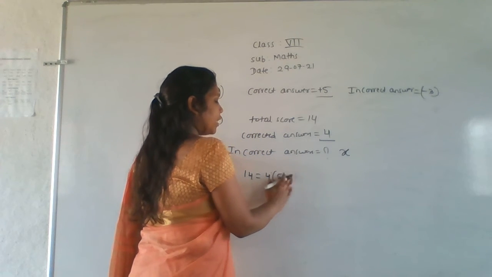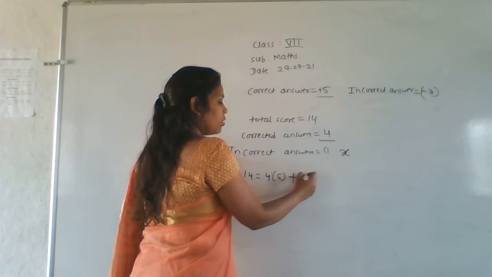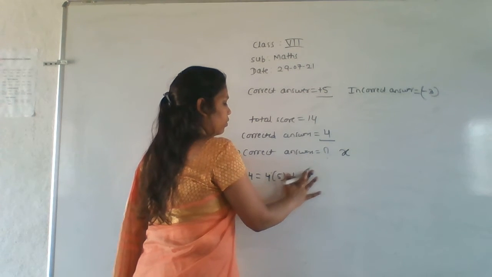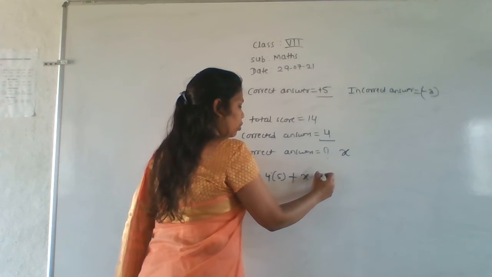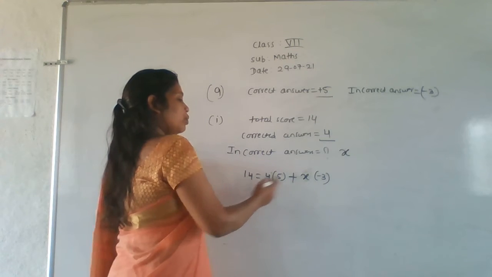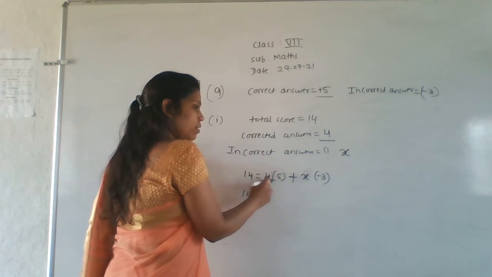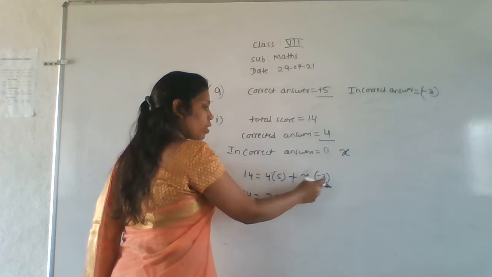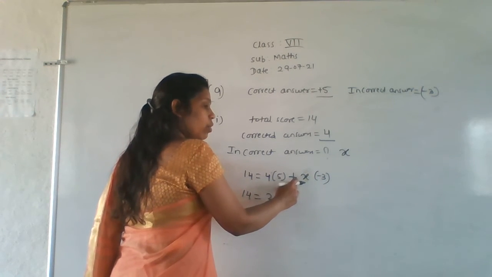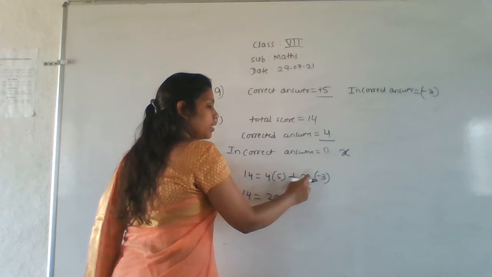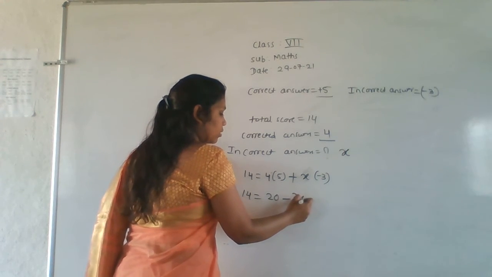So it will be x into minus 3. Now solve for x. 4 5s are 20, plus x into minus 3, that is minus 3x.